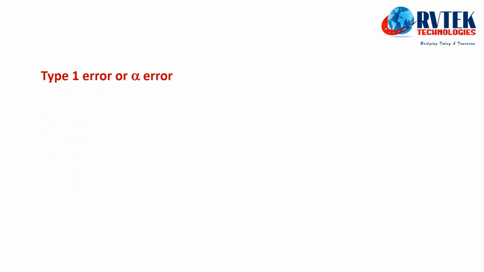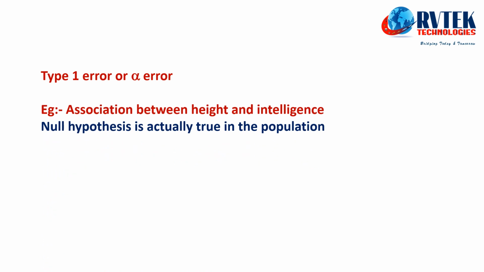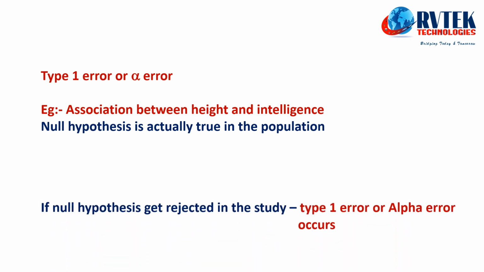What is type 1 error or alpha error? Association between height and intelligence. So null hypothesis is actually true in the population. There is no difference between height and intelligence, or there is no association between height and intelligence. So null hypothesis is actually true in the population.